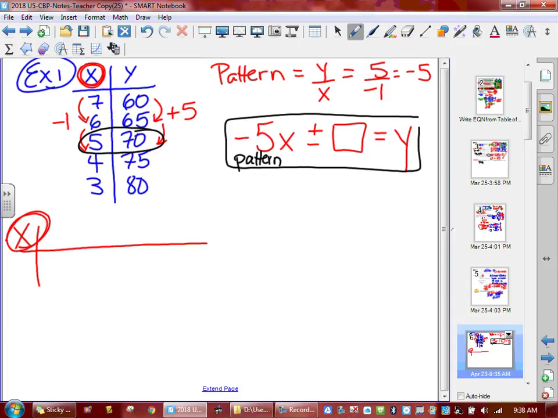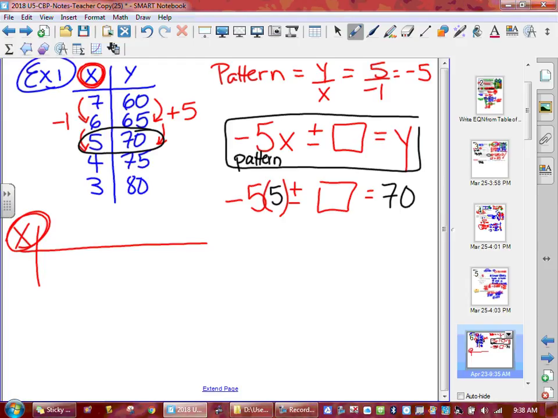So I rewrite everything. And so now I'm putting in 5 for my x and 70 for my y. Okay? So I'm putting these two numbers right here for this number and this number. That's where they went. Okay?